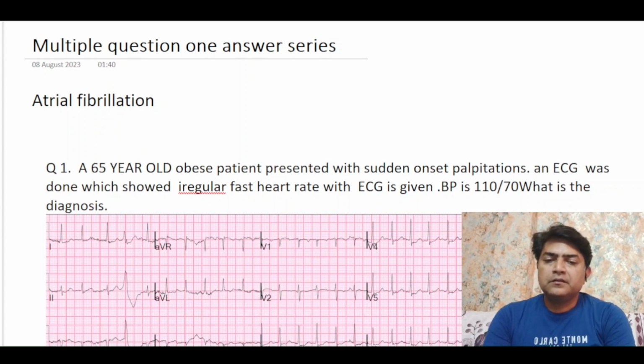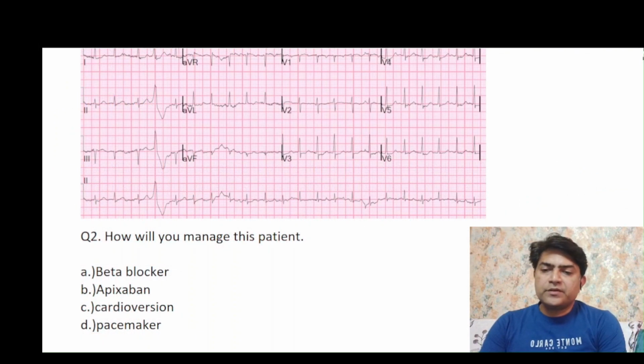But here the question has four options, and which is the best option? The best option is beta blockers. The other options are apixaban, cardioversion, and pacemaker. Apixaban is an anticoagulant, and we use anticoagulants in atrial fibrillation, but that scenario will arise when we know whether it is acute atrial fibrillation or chronic atrial fibrillation.